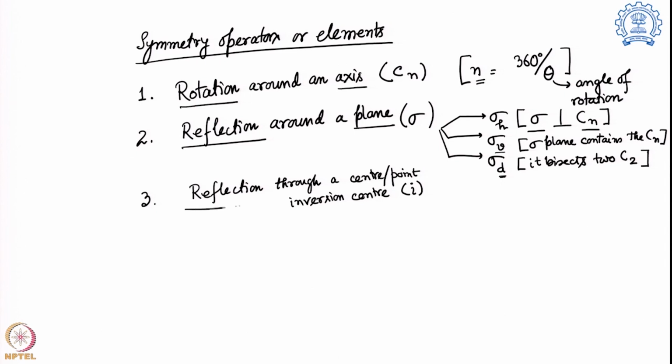Reflection is the symmetry operation and center or point is the symmetry element. And if this is present in a molecule, then it sits almost at the center of the molecule.